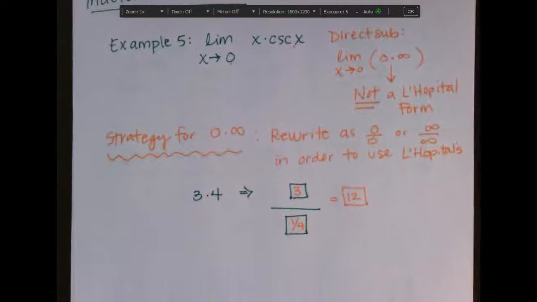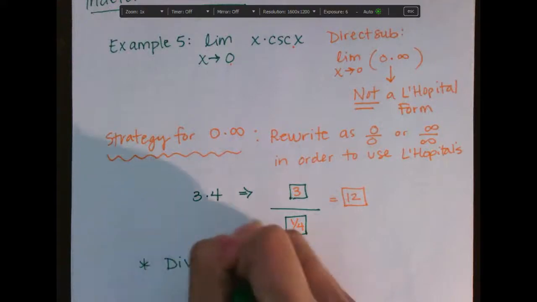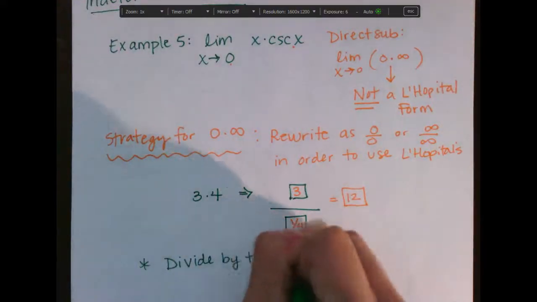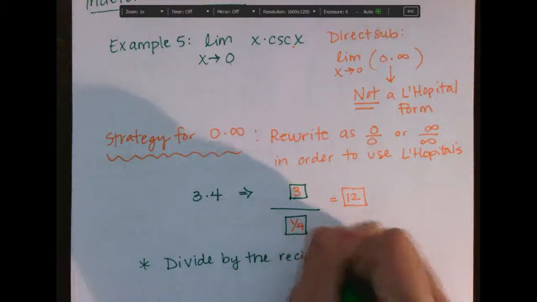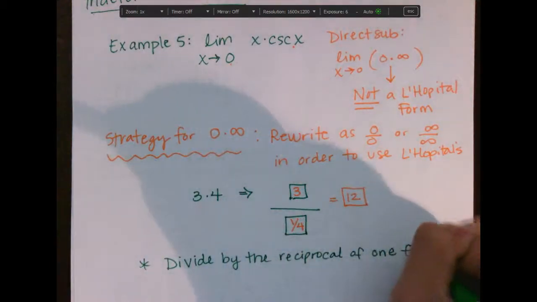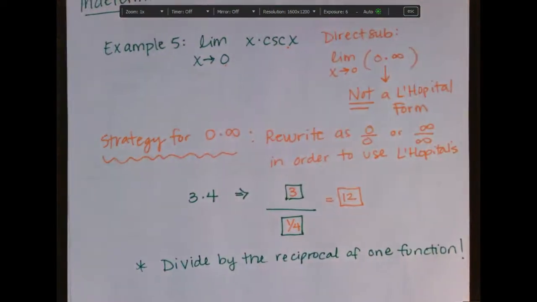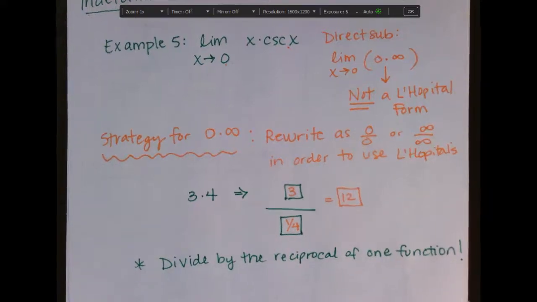So the strategy that we're going to use here in order to rewrite this as a L'Hopital form is to divide by the reciprocal of one of the functions. So we're going to be dividing by the reciprocal of one of the functions. Dividing by the reciprocal is the exact same thing as multiplying, which is what we have.